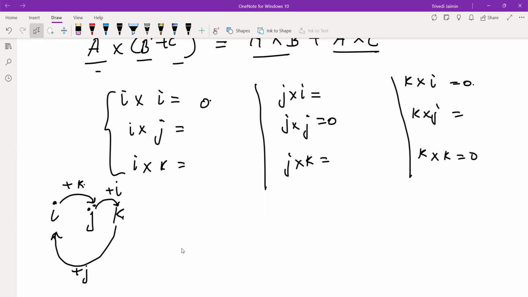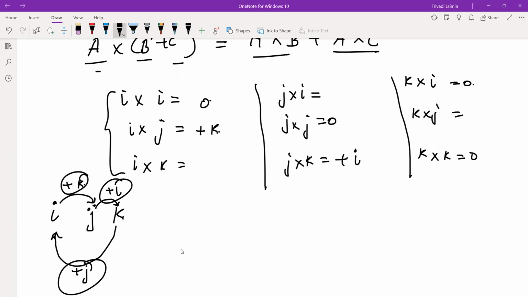Okay. Right. Now, let's fill this. The opposite of that is minus of those answers. Okay, i cross j will be plus k. j cross k, plus i.